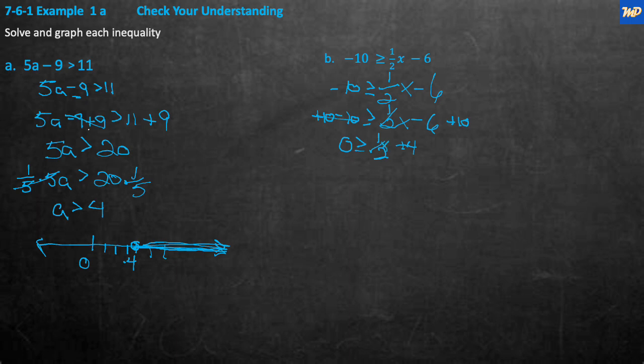So now we're going to move the 1/2 x to the side where the 0 is. So we're going to have to subtract it. So we're going to say minus 1/2 x is greater than or equal to 1/2 x minus 1/2 x plus 4.